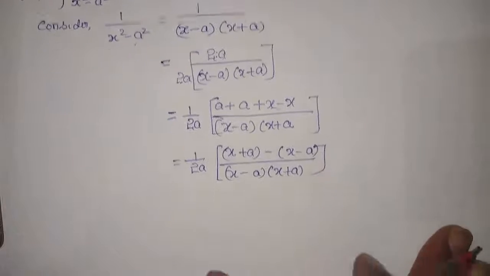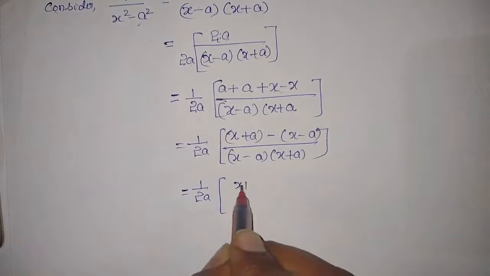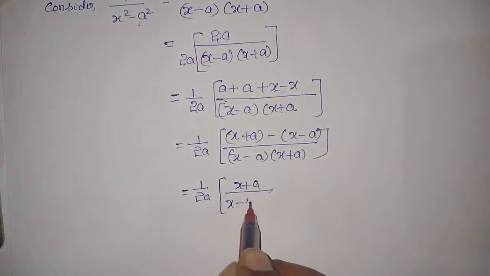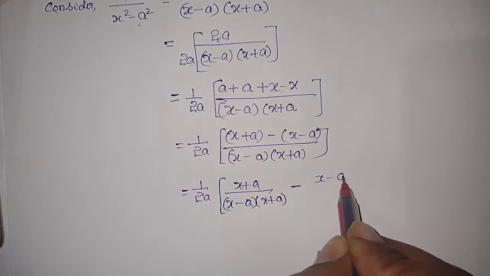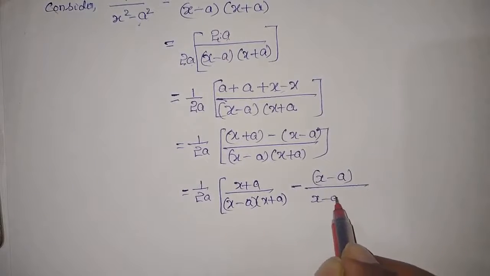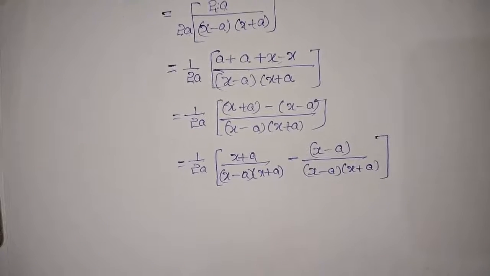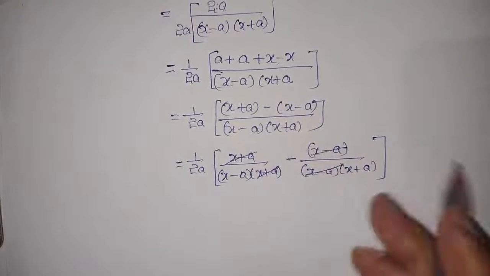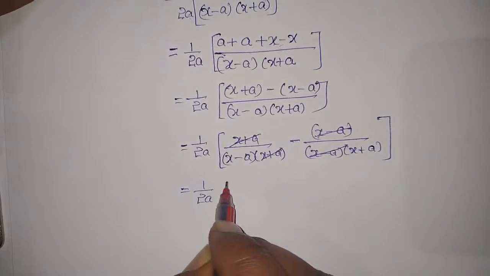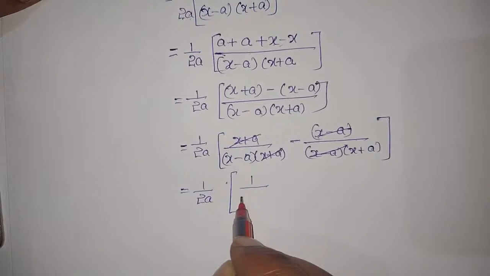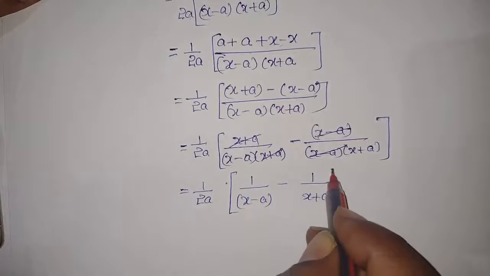Again separating the numerator, it is also equal to 1 by 2a into x plus a by x minus a into x plus a, minus x minus a by x minus a into x plus a. Clear? So here x plus a cancels, x minus a cancels, and it is equal to 1 by 2a into 1 by x minus a minus 1 by x plus a. These are the remaining terms.